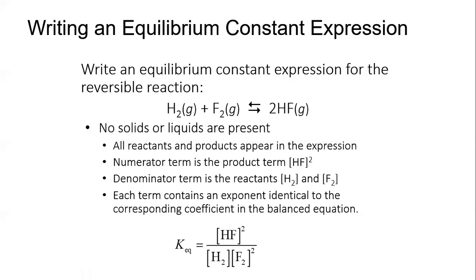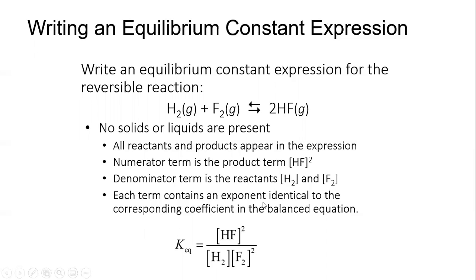So here we have this reaction involving the synthesis of HF. Again, this is a homogeneous equilibrium, which means all the reactants and products are gases, so there's no solids or liquids present. And so again, we put the products over reactants and we raise the product or reactant to the coefficient in front of that product or reactant.